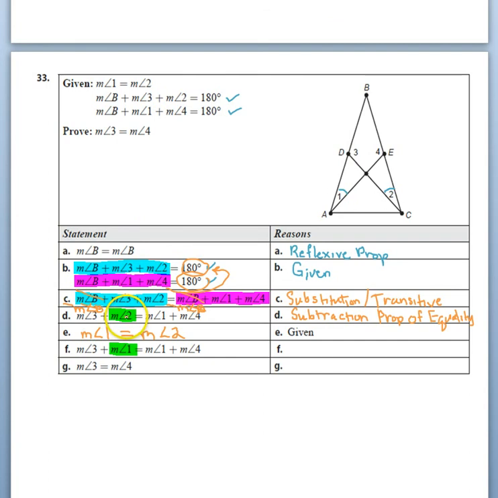So this is definitely substitution, just this piece. So if this whole entire left side or this whole entire right side was being replaced with something, then substitution and transitive are a little bit interchangeable. But in this case, this is definitely substitution. The only thing that changed was angle 2 got changed to angle 1 because I knew they were the same thing from statement E. So substitution.